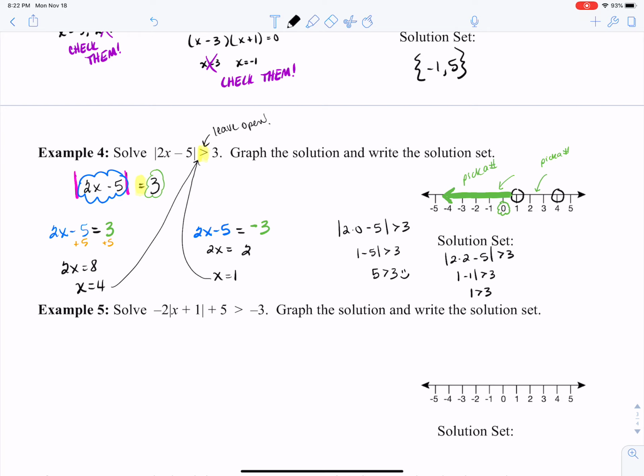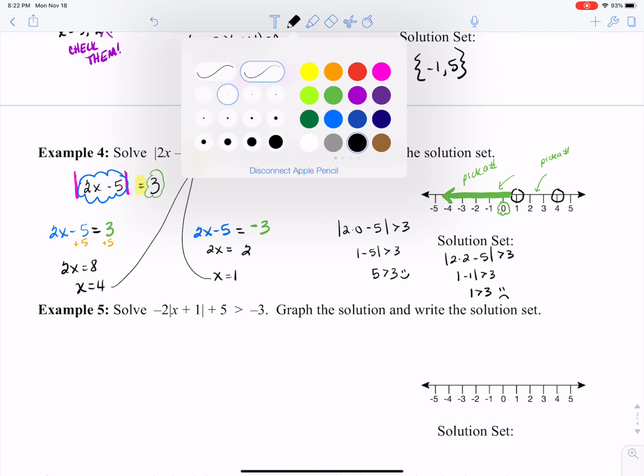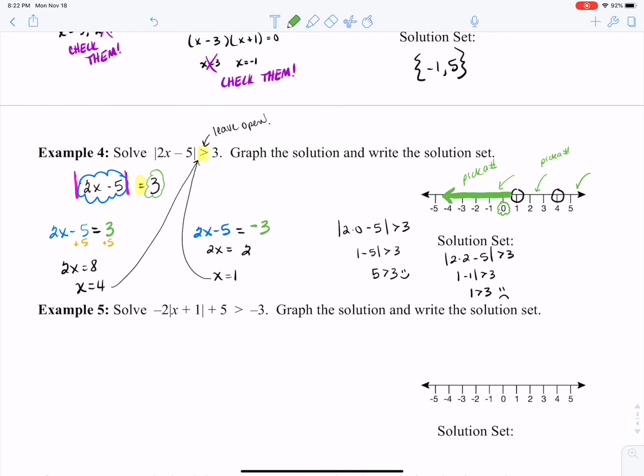Is +1 greater than 3? I don't think so. So I'm not going to shade the middle part. Pick a number over here. I can pick 5 or 10 or anything I want to over there. -10 minus 5 is 5.